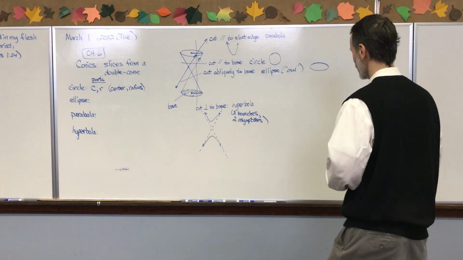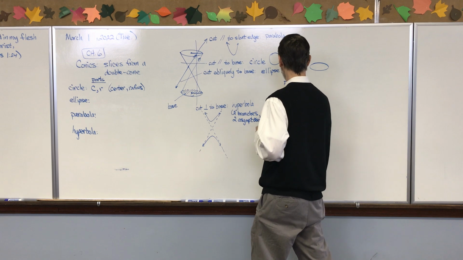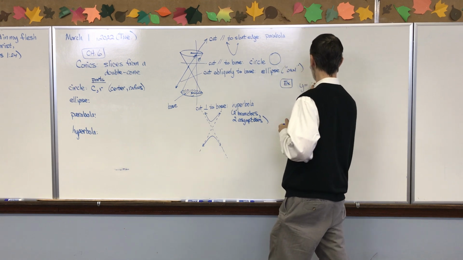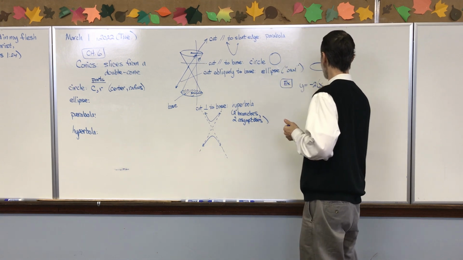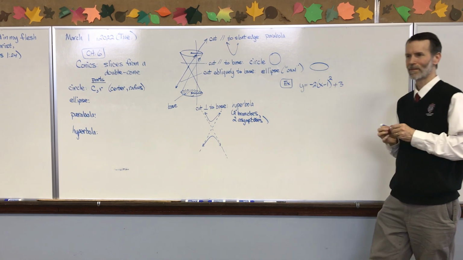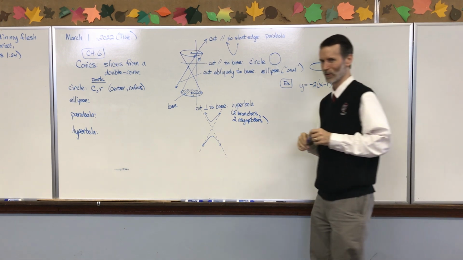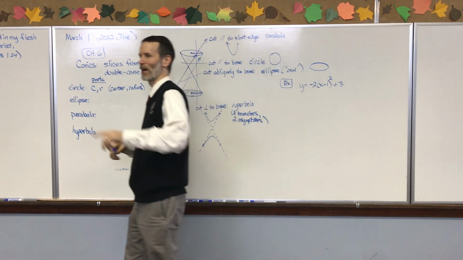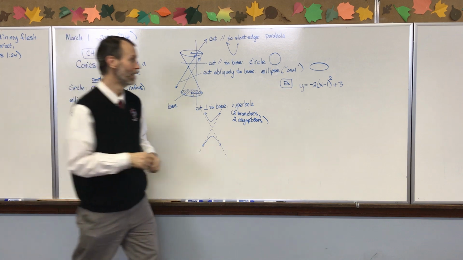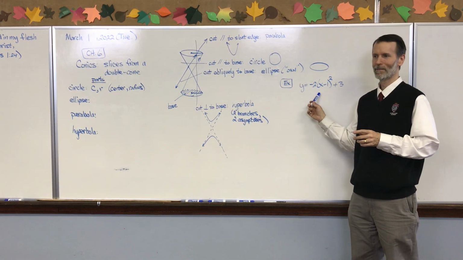Now let me show you how this works. For example, take a look at this. Can anybody identify the shape? It's from last chapter. It's a parabola. Anybody identify the form that this parabola is taking?